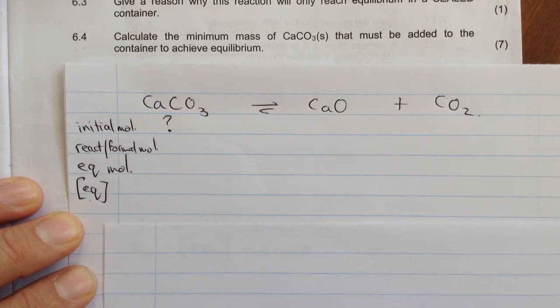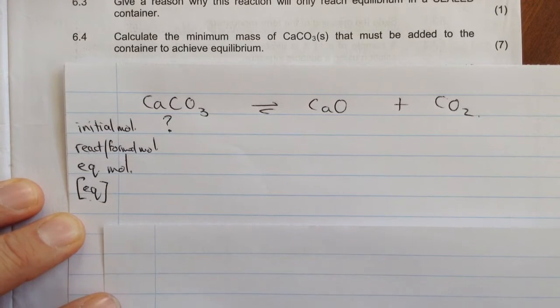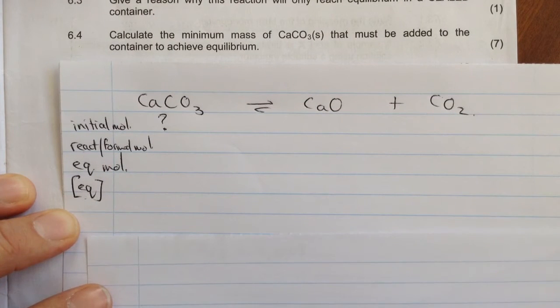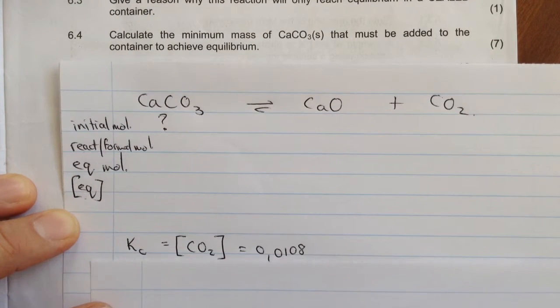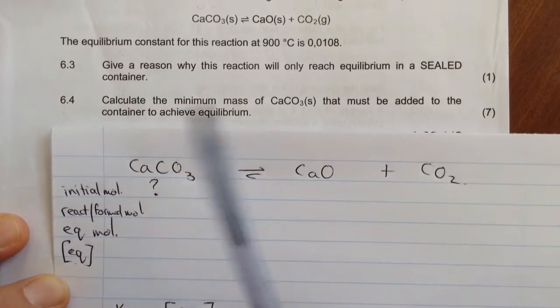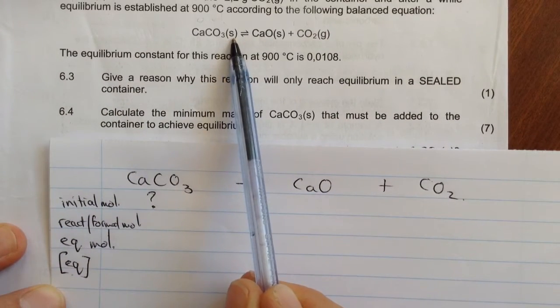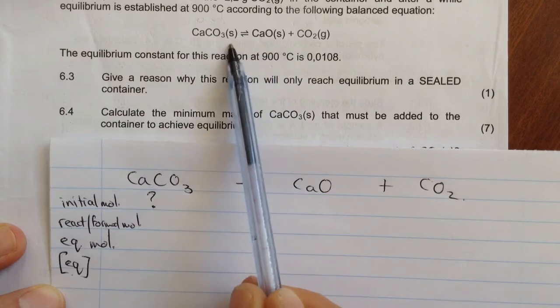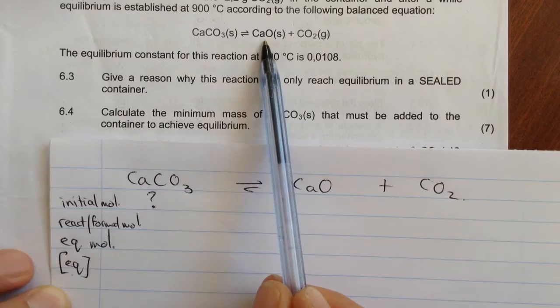Now for calculating Kc, now Kc was given in this reaction as 0.0108. Now remember, there's no other information available, so that is actually the information that you need to work with. So if they have given us the Kc value, and Kc only uses the concentration of gases, please take note that in your balanced equation you have the solid calcium carbonate and solid calcium oxide, so that does not become part of the Kc calculation.